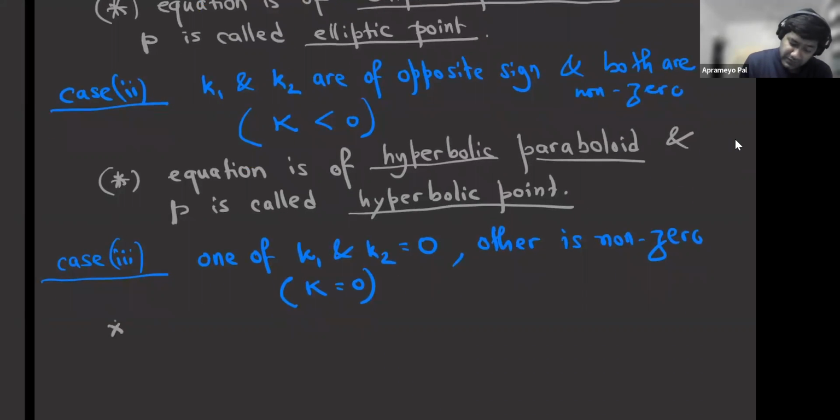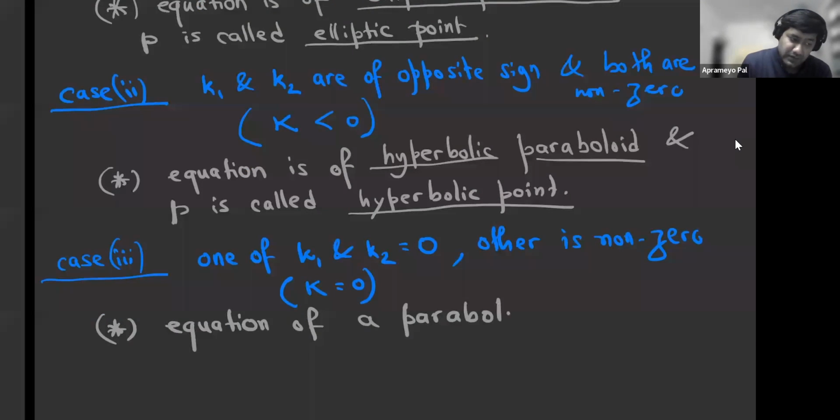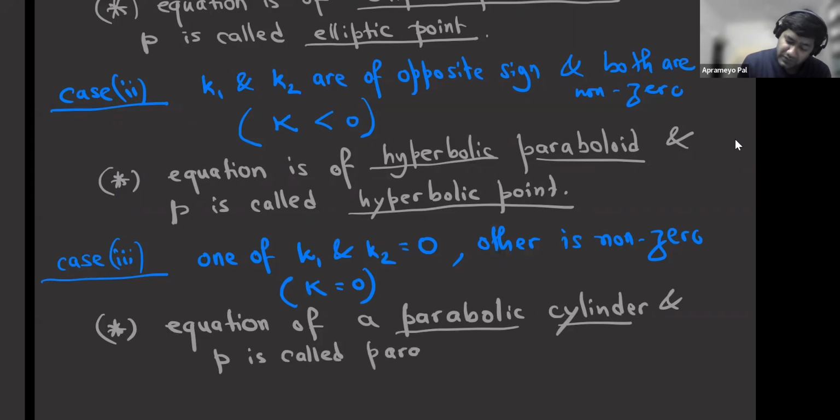Then the equation star is the equation of a parabolic cylinder, and P is called a parabolic point of the surface.